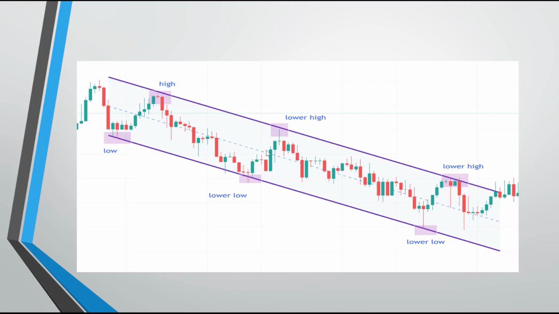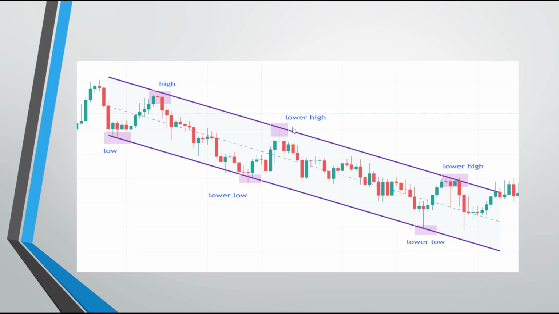Okay, but since this is lower than the other price, we call it lower high, and the same for the last one. And as you can see, this line can act as resistance. What kind of resistance? Of course, dynamic resistance.